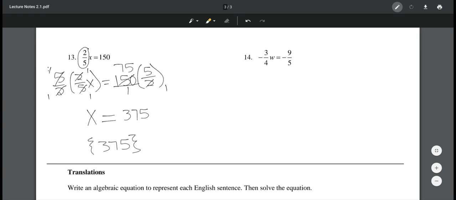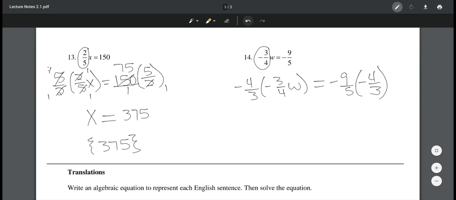In number 14, I am going to flip the coefficient. So I'm going to multiply both sides by negative 4/3. The reason I'm going to multiply by negative 4/3 is because a negative times a negative is a positive. So if I do that on the left, I have to multiply by negative 4/3 on the right.